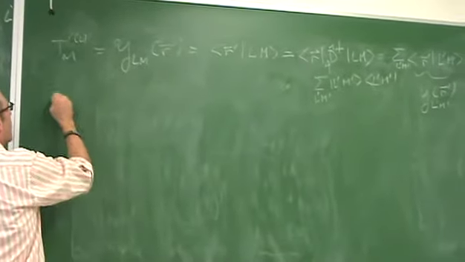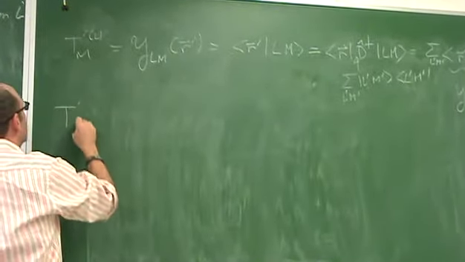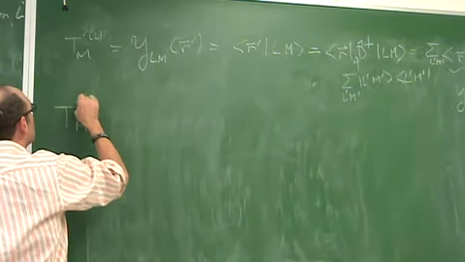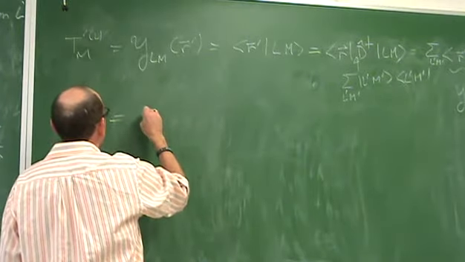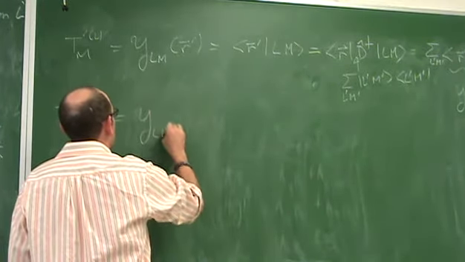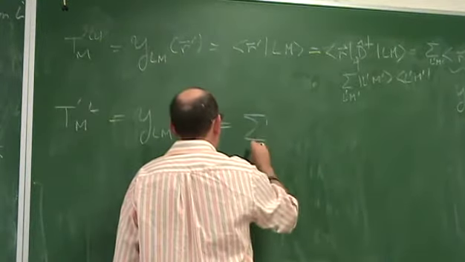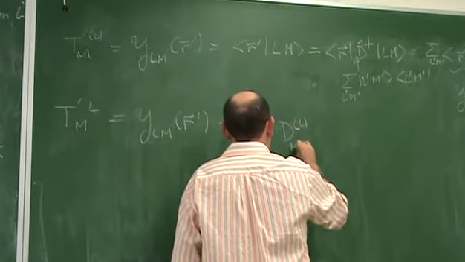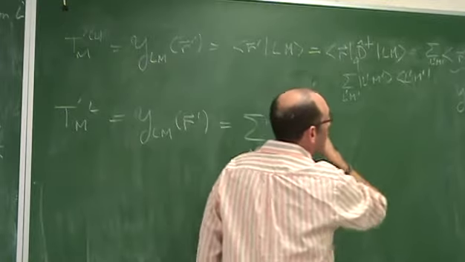So Y_LM of r' is given by the sum over M' of D^L_M'M star.